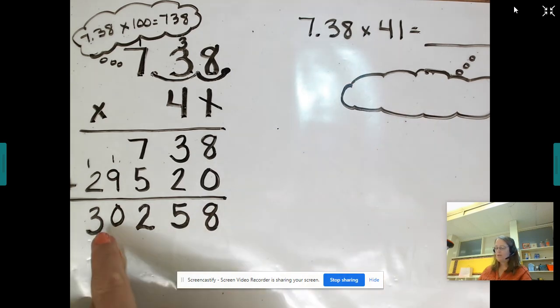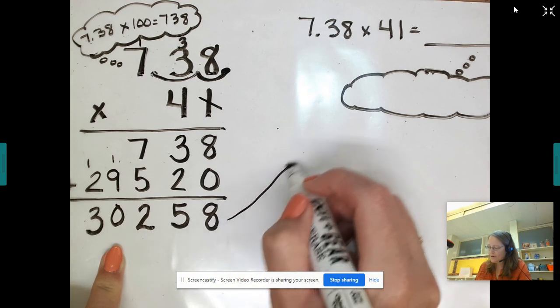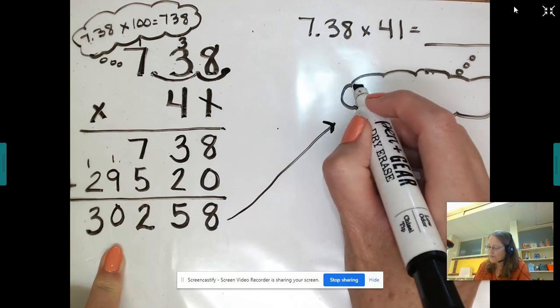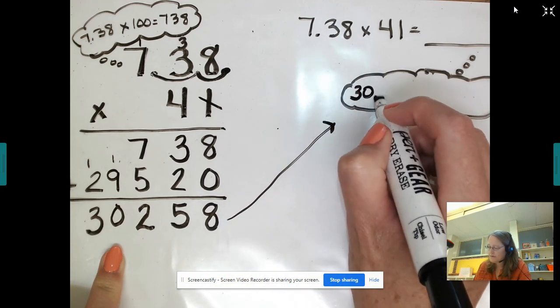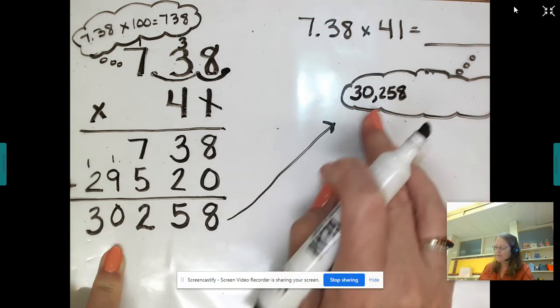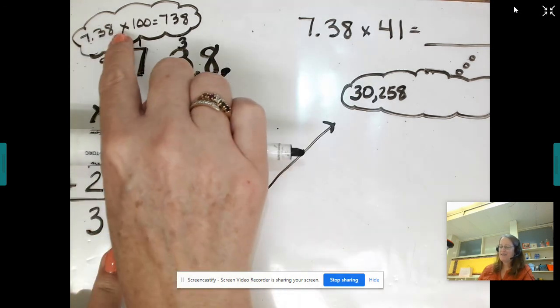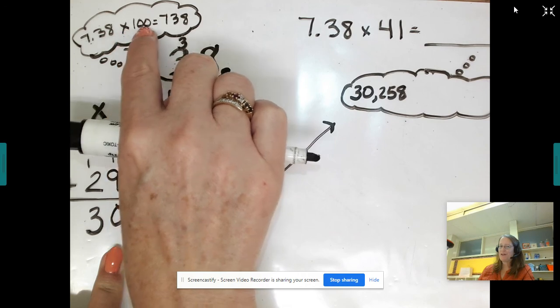Okay, I'm going to take my answer, 30,258, and what do I have to do to my product? You're right. Up here, I multiplied by 100.